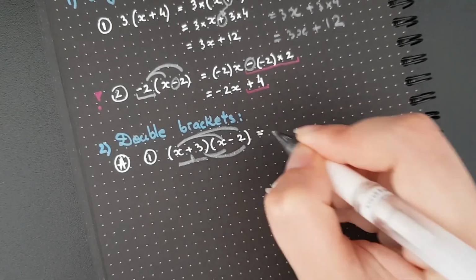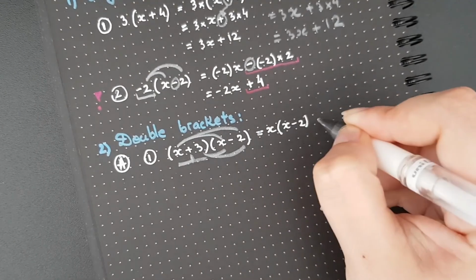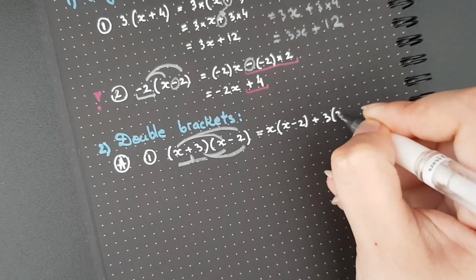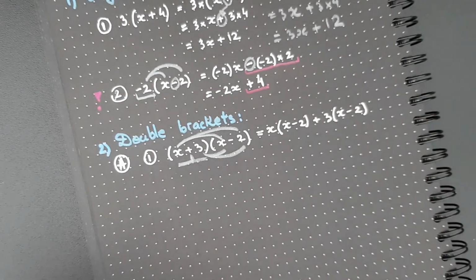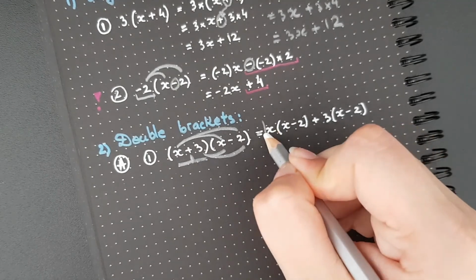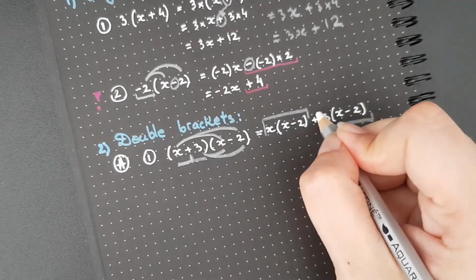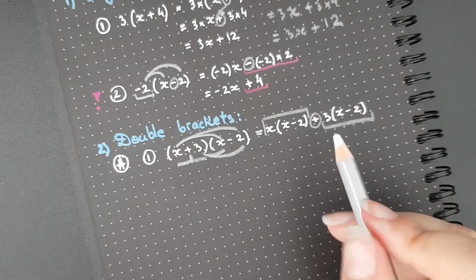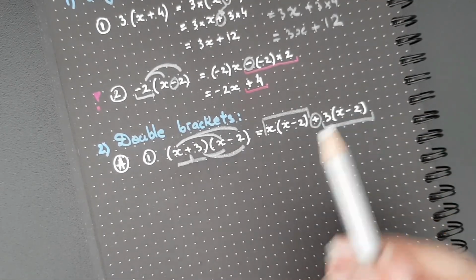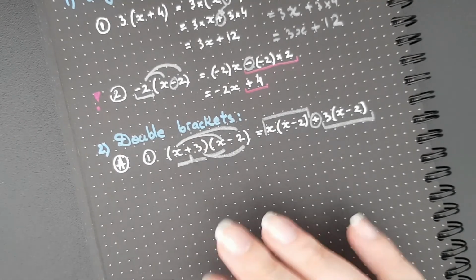So it becomes x times everything from the second one plus 3 times everything from the second one. So it's just the first and the second and the plus. You need to be very careful with the plus. If I have a minus there, I should have a minus there.